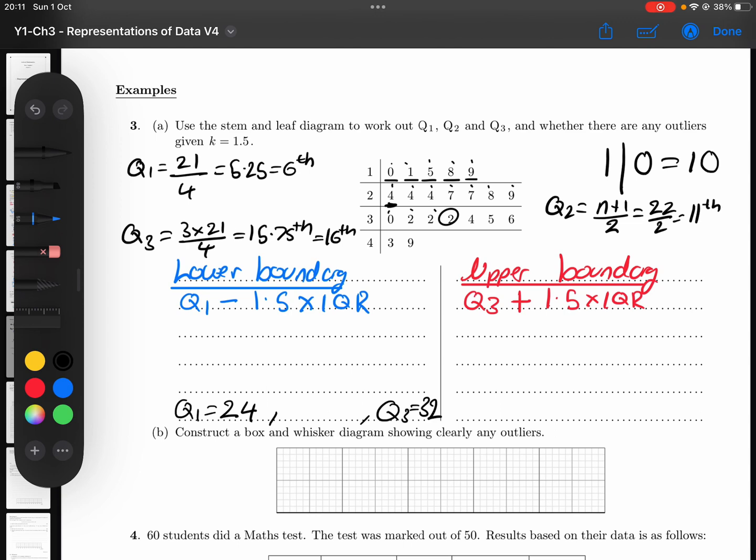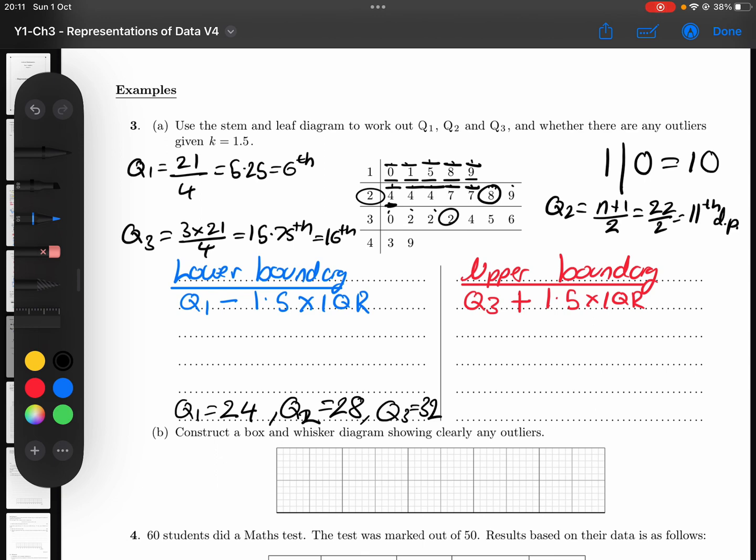We're looking for the 11th data point, which in this case would be 1, 2, 3, 4, 5, 6, 7, 8, 9, 10, 18. Oops, I beg your pardon, I misread that. That should obviously be 28. And my notation has failed as well. Q2 equals 28.